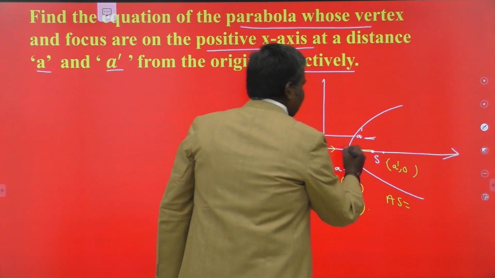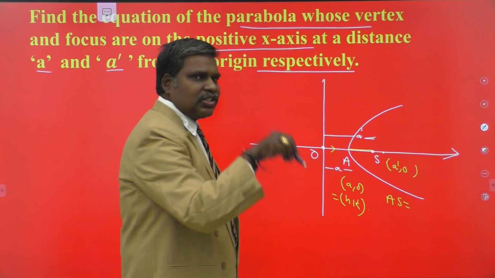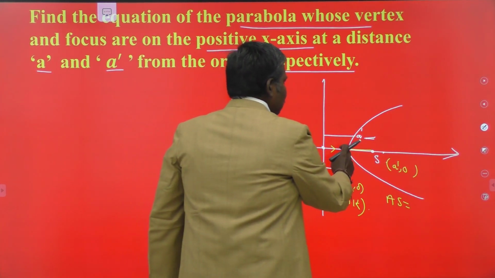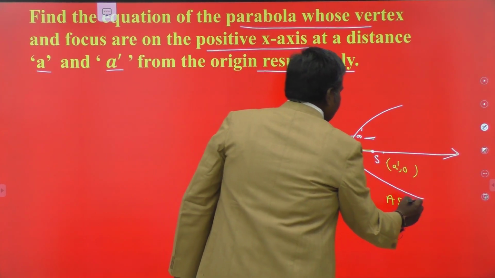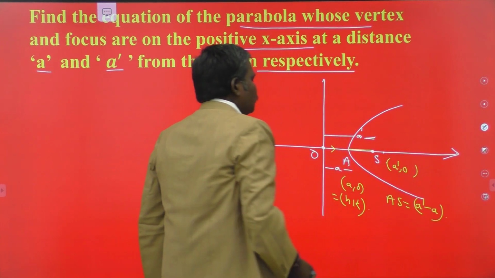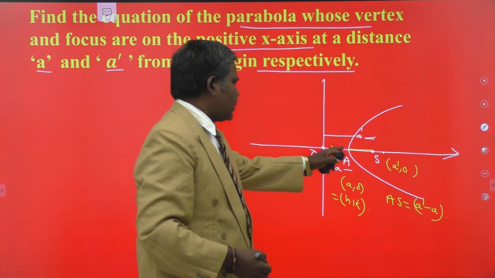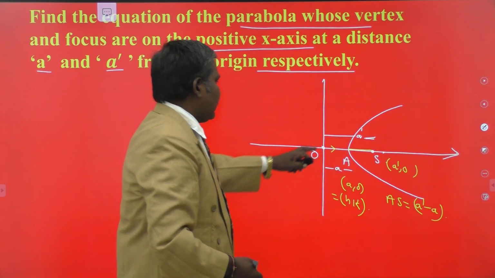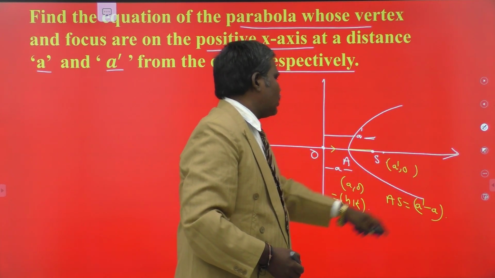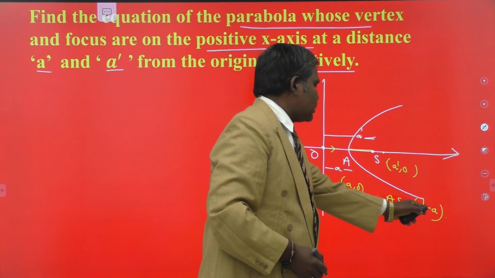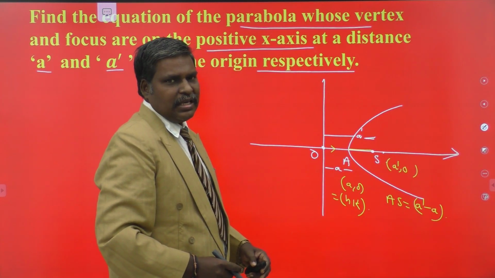AS is nothing but the distance from A to S. In your y square is equal to 4ax, that is a. So what is the distance from here to here? A dash minus a. A dash is more than a because vertex and focus are on the positive x-axis. They are given to you and we have to choose the parabola in this manner. Therefore, AS is equal to a dash minus a.